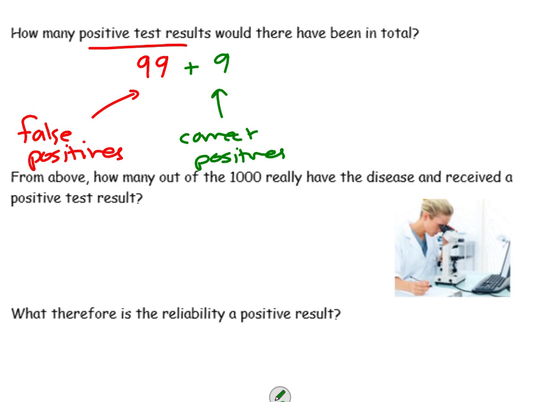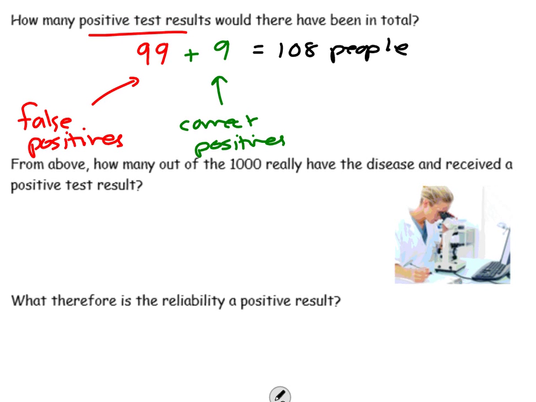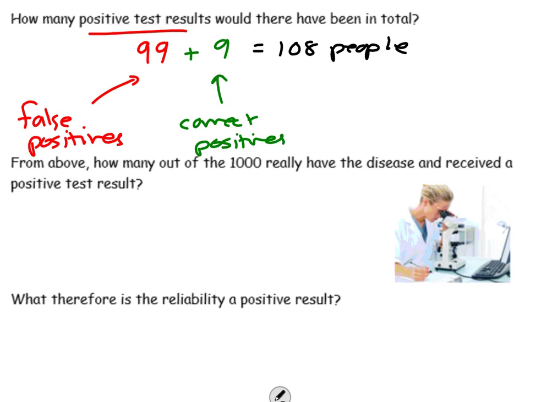So just add those two together. 99 plus 9, we get 108 people. So of the sample of 1,000, 108 people would have come up with positive results for the disease, but of those, 99 would have been false positives, and only 9 of those would have been correct positives.